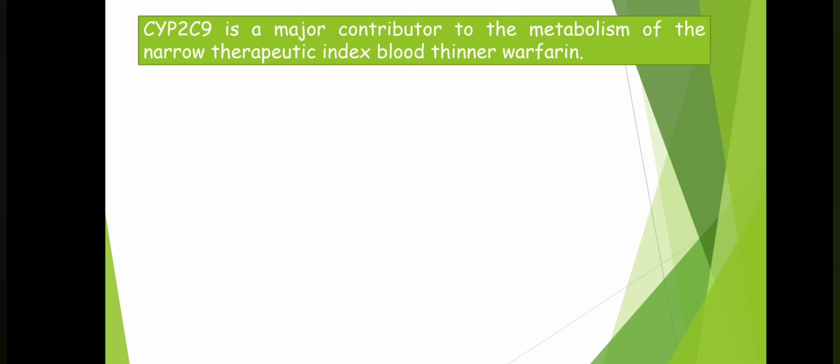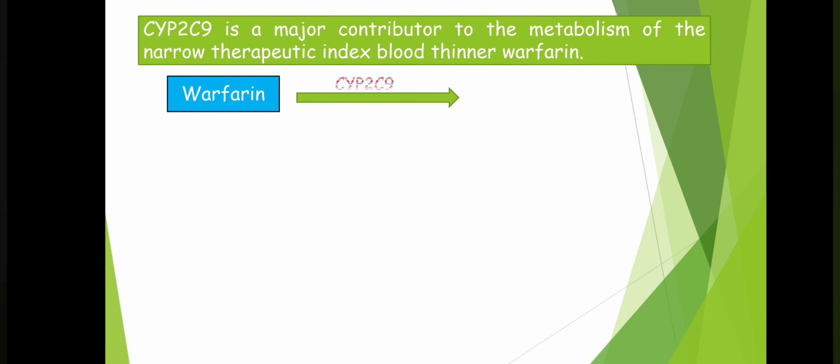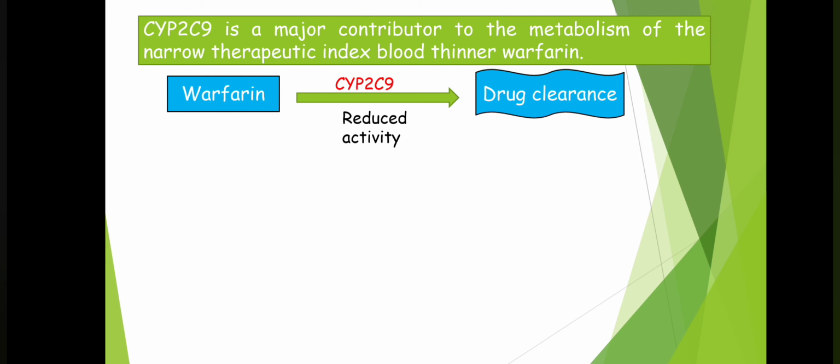For example, CYP2C9 is a major contributor to the metabolism of a narrow therapeutic index blood thinner, warfarin. Warfarin is mainly metabolized by CYP2C9, which aids in its drug clearance. But if the CYP2C9 enzyme is of *2 or *3 variant, then it has reduced activity.